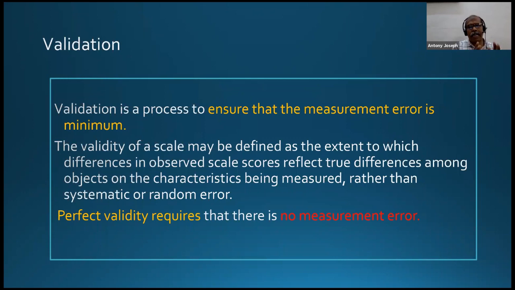And perfect validity means the measurement error is nil. When there is no measurement error, we can say that the validity of the instrument is perfect, but practically it is very, very difficult, or I would say it's impossible. Avoiding 100% measurement error is a very difficult task. Okay.